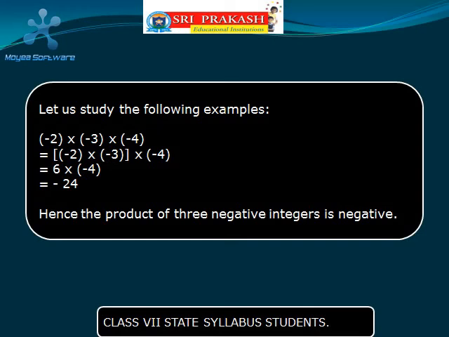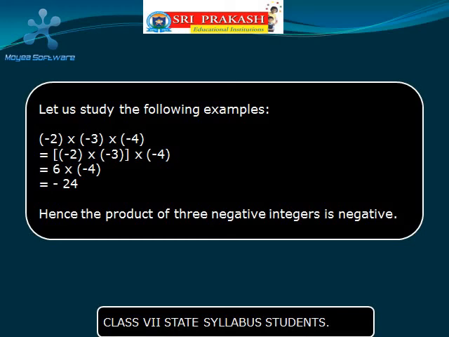Let us study the following example. Minus 2 into minus 3 into minus 4. First of all, let us take the first two numbers, that means minus 2 into minus 3. Just now we learned that the product of two negative numbers is positive. So minus 2 into minus 3 is equal to 6.